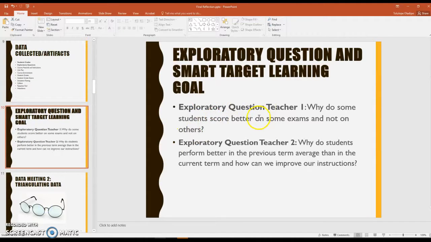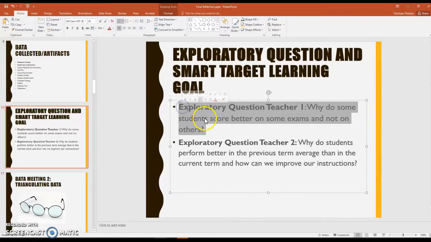It was just the 2 of us, and for the first teacher, we came up with this exploratory question: why do some students score better on some exams and not on others? That was for the data my team member presented. For the data I presented, we came up with: why do some students perform better in the previous term average than the current term? So I showed the data that compare 2 terms.